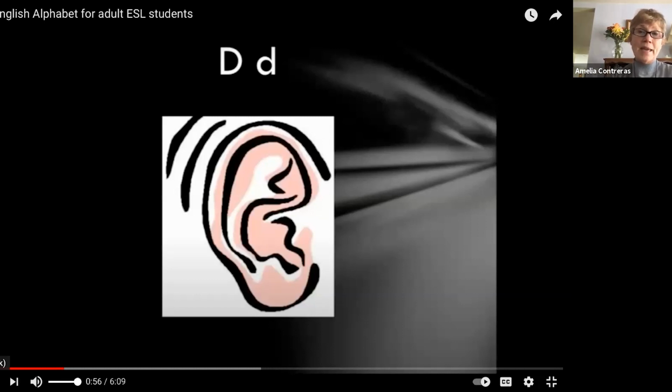But here I want to make just a little note for you that the sounds provided for the consonants are those sounds that you would hear at the start of a word. Some of these letters will make different sounds within a word.